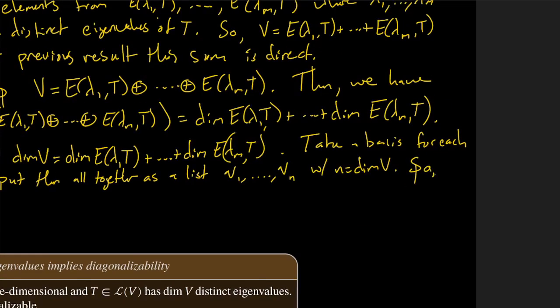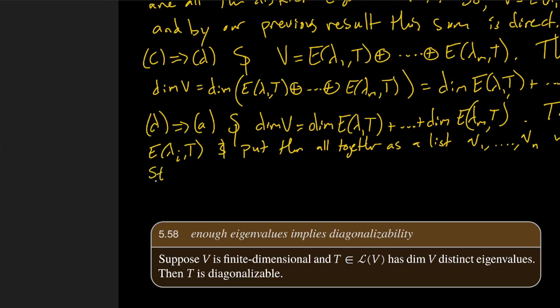Suppose a1 through an are field elements such that a1 v1 plus all the way down through an vn is equal to 0.